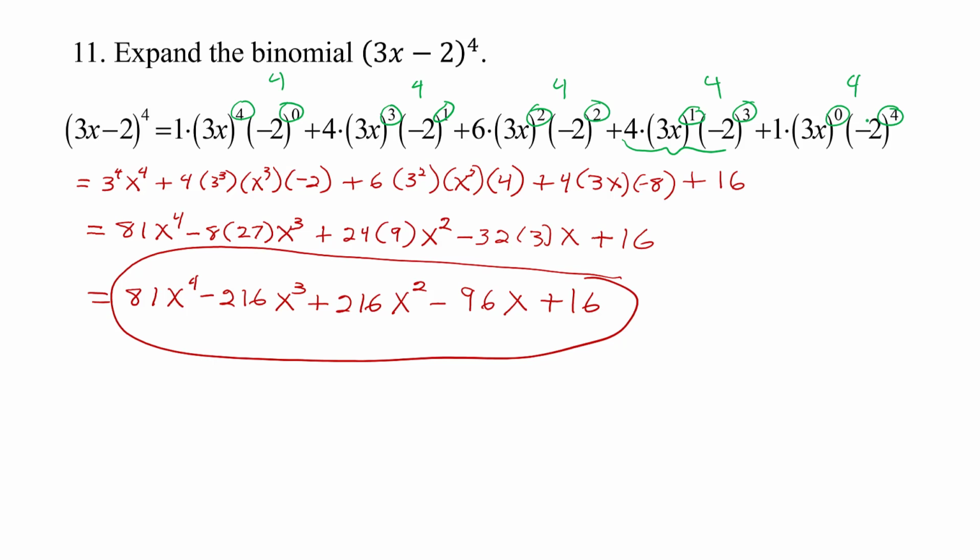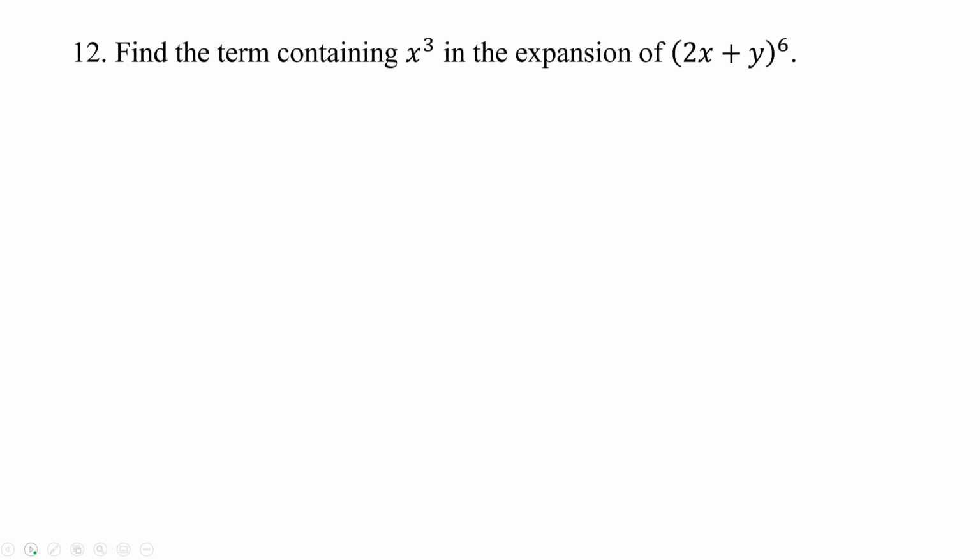Okay, so let's go on to our next and last problem for today. This is a little bit shorter chapter than some. In number 12, we want to find the term containing x cubed in the expansion of 2x plus y to the 6th power. If we use Pascal's triangle, we'd need to go down to the 7th row.